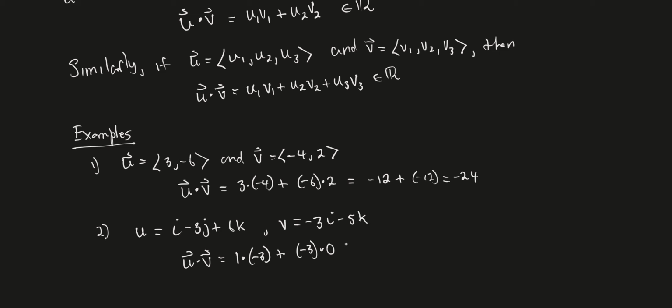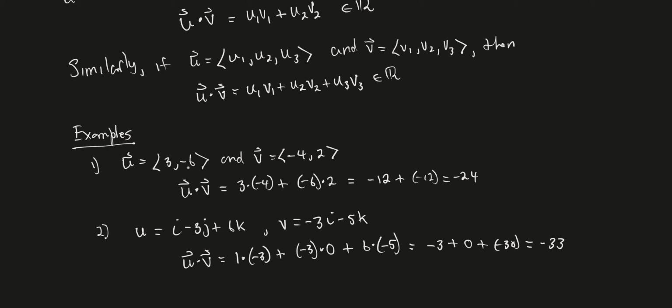And then plus the third component of u, which is 6, times the third component of v, which is -5. So we end up having -3 plus 0 plus -30, for -33. That's our dot product of these two vectors.